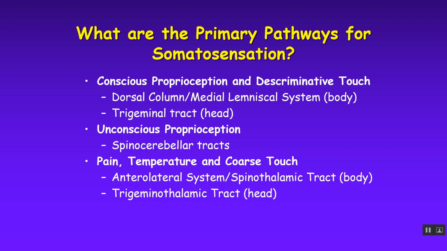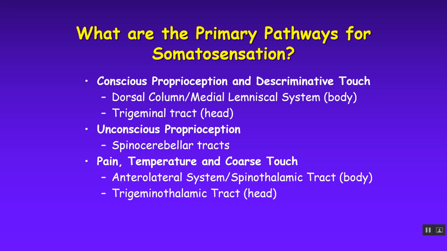Then we have this thing called the unconscious proprioception. It's our body awareness that we are not consciously aware of. This is all happening subconsciously in the cerebellum. When your muscle spindles and joint receptors are sending signals up, they're sending signals not only to your cerebrum that give you a conscious awareness of your body position, but they also send signals to your cerebellum.